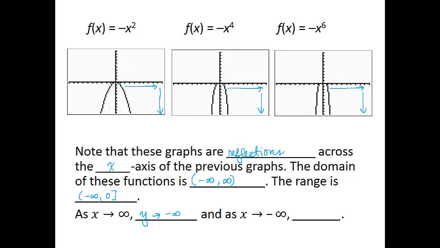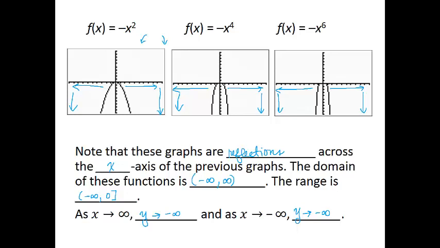And as x goes to negative infinity, that is on the left side of the graph, the graph is going down. And so similarly, we say y is going to negative infinity. So the end behavior here, when we have an even degree but a negative leading coefficient, the graph goes down to the left and to the right.